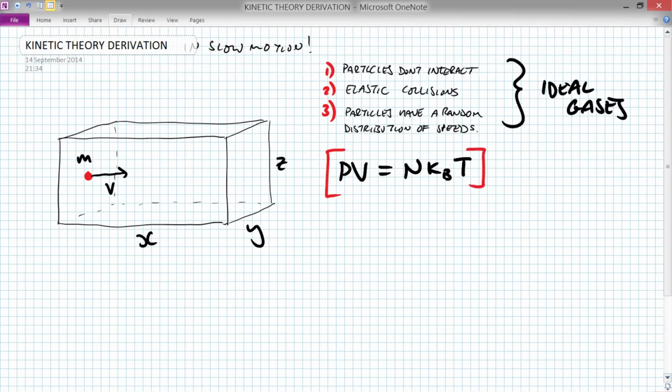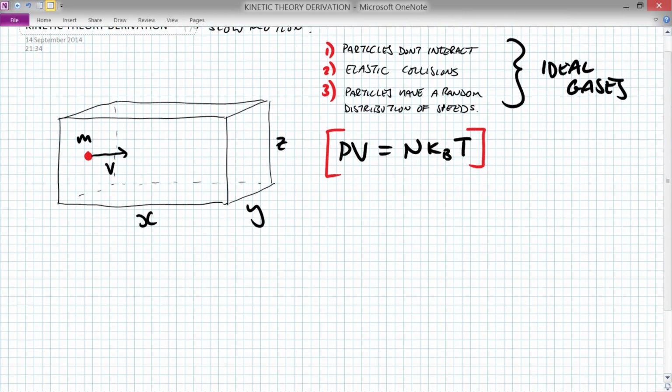But the problem with this is that all the parameters in this equation are for bulk properties. So the pressure of the whole gas, the volume of the whole gas, the number of particles in the whole gas, k is obviously constant, and the temperature of the whole gas. We want to rewrite this in terms of statistical single particle parameters, so then we can do more interesting things. That's the whole point of what we're doing here.